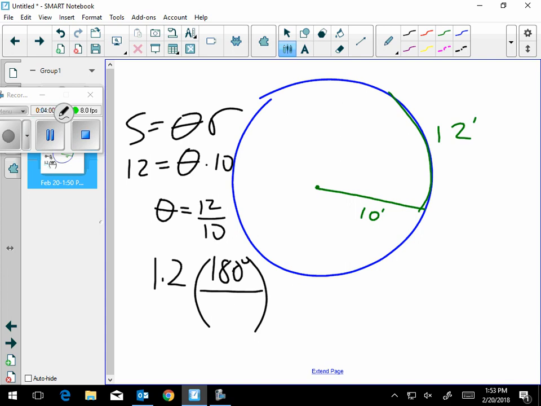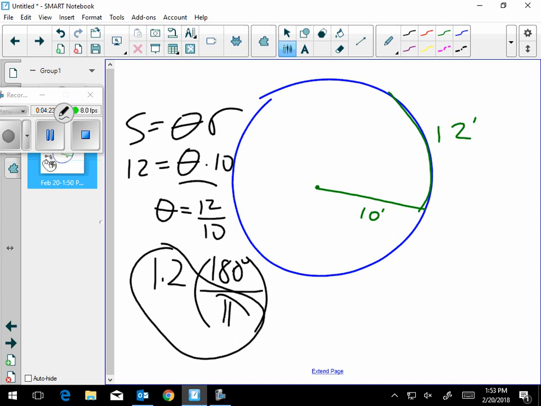Pi, very good. So then pi is really a number. Remember, it's 3.14. So then, really what you're doing is 1.2 divided by 3.14 times 180. It's like a percentage of 180. And how many degrees was it? Somebody got it? 68 degrees. Okay, cool. All right.